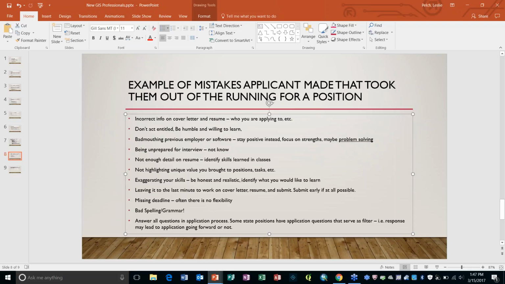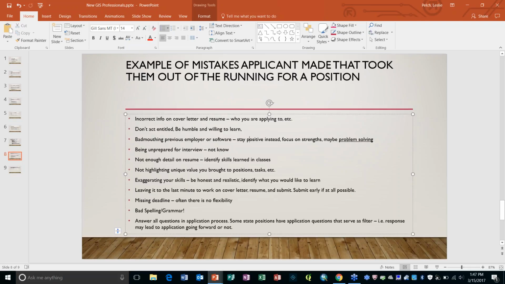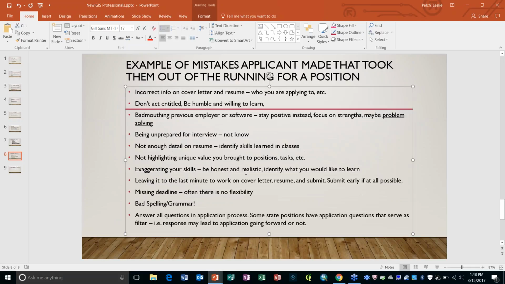And I am talking specifics about the state system, that there are several different components of the application. When there's a section on job experience where you need to put down what jobs you've had in the past and a description of the jobs, some applicants have gone through the process and just assumed that it's on the resume. They don't have to fill out that section.